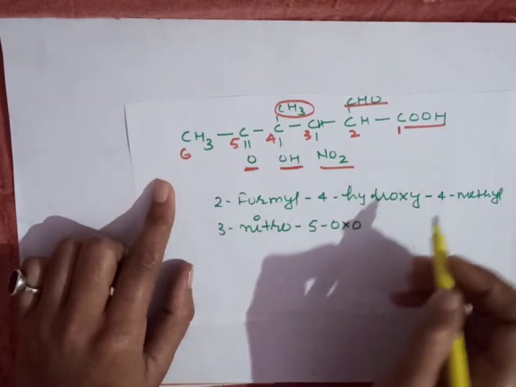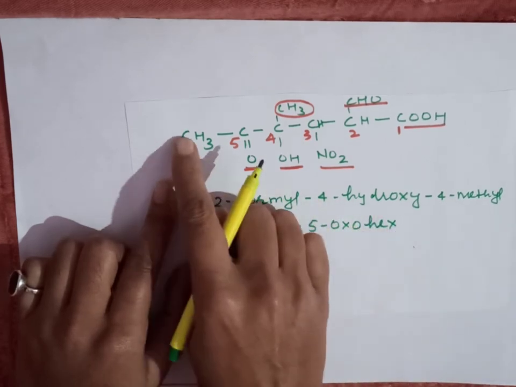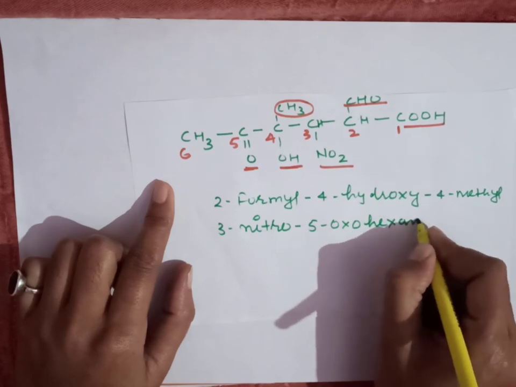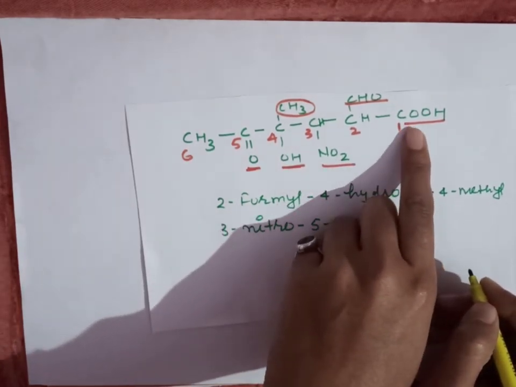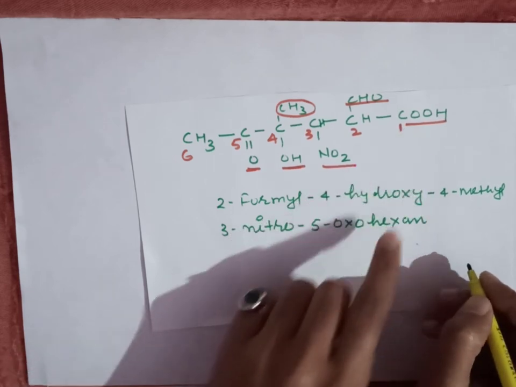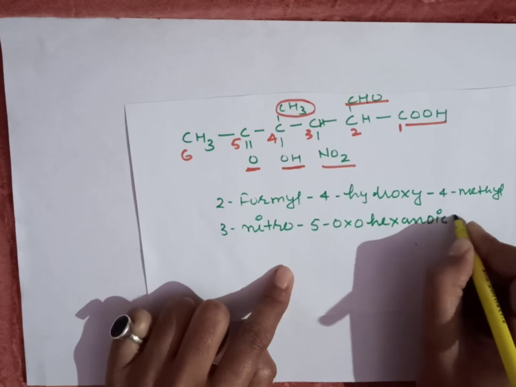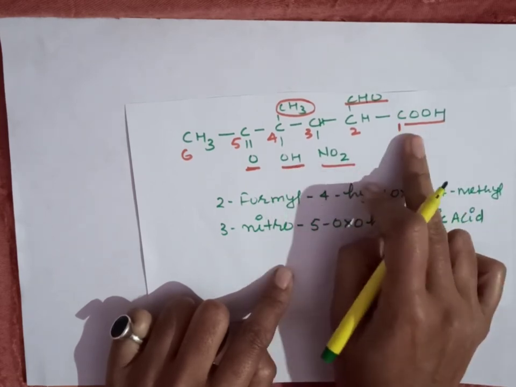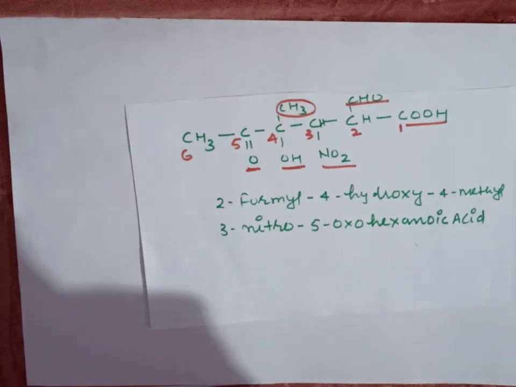How many carbons? 6 carbons. Hex, carbon to carbon single bond is present, then ene. E will not be written because the secondary suffix is starting from O. So oic acid. For carboxylic acid, the suffix is oic acid. So this will be the name. Thank you, children.